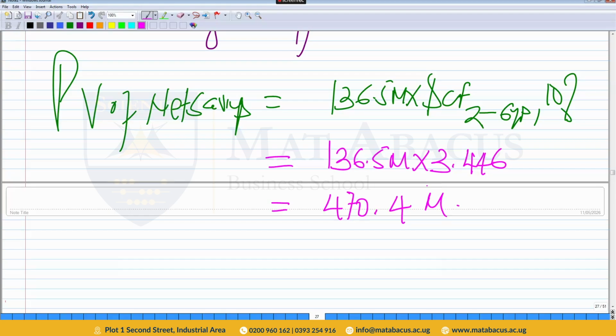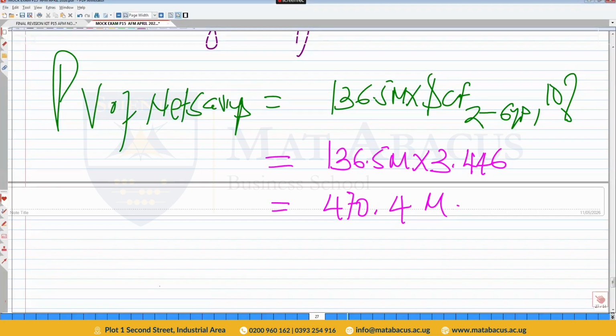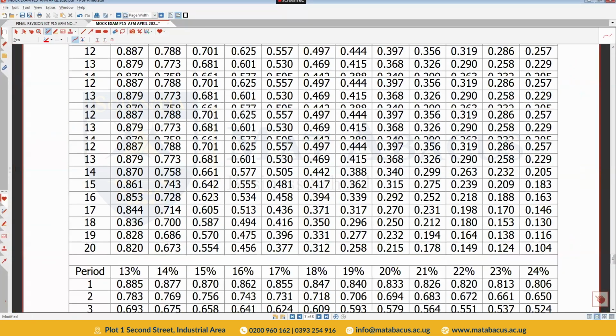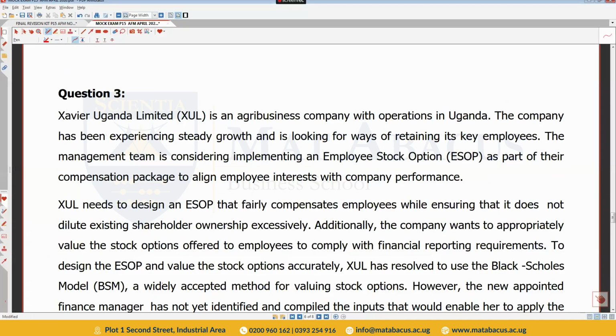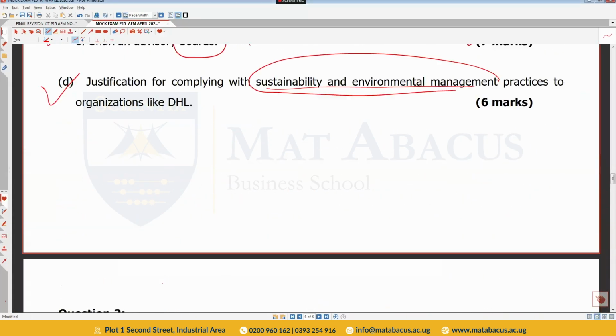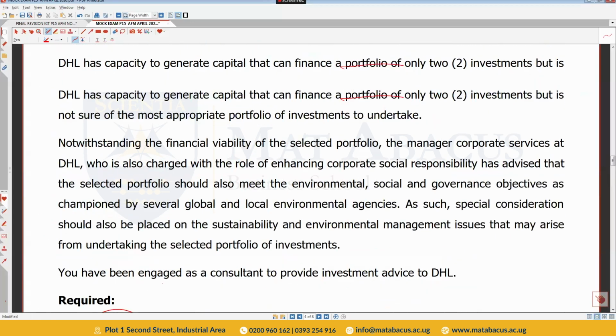Ladies and gentlemen, we are done with the net savings benefit.